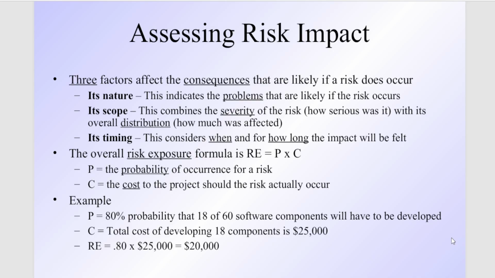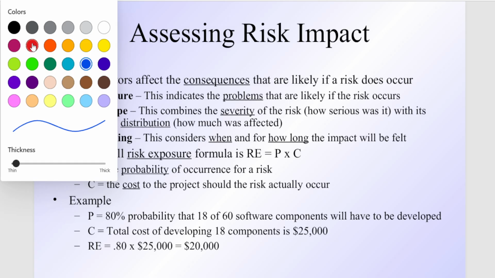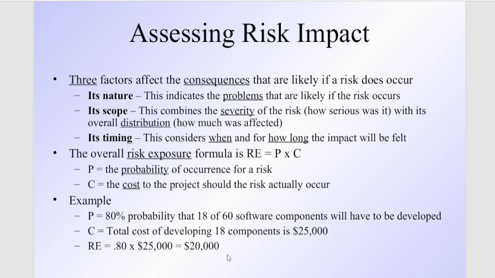Now let us see this example. It says there is an 80% probability that 18 out of 60 software components will have to be developed, and the cost of developing 18 components is $25,000. What is the risk exposure? It has already given you the values: 25,000 and 18 components.